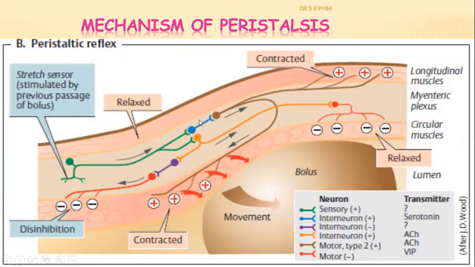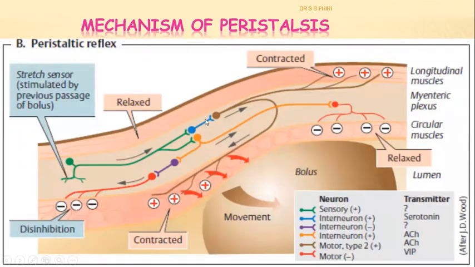We have two interneurons here, one shown in blue and the other one in brown. These are interneurons, and they can communicate with the motor neurons that are innervating the muscle fibers.